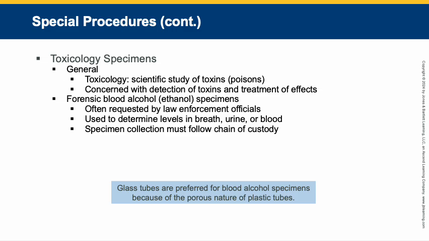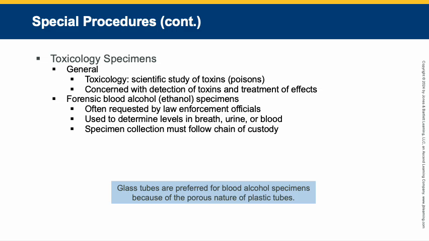Why would this be important forensically? Well, let's say someone has a car accident and they suspect that the patient was drinking. Then they need to know what the blood alcohol on that patient was. That means the police are going to be hanging around too, to see what this blood alcohol level is. The police officer has probably already done the breath alcohol, but they want the blood alcohol as well.